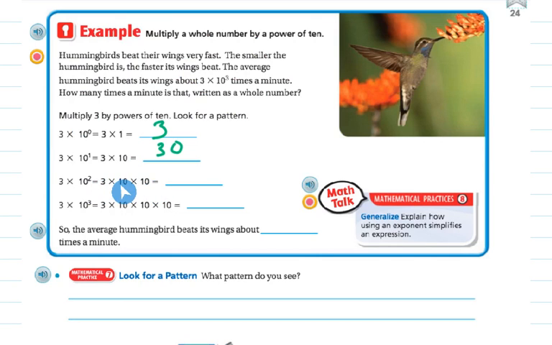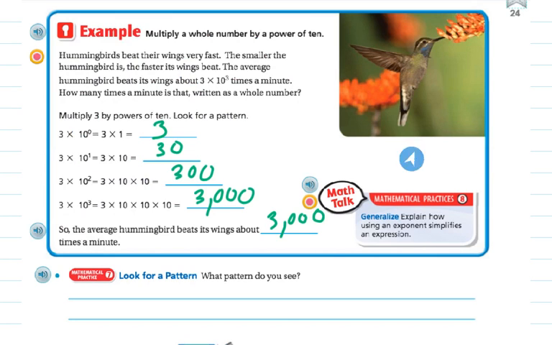So 3 times 10 times 10 would give us 300. And lastly, 3 times the third power of 10. We know that when we evaluate the third power of 10, it's really 10 times 10 times 10, which would give us 1,000. And 1,000 times 3 would be 3,000. So the average hummingbird beats its wings about 3,000 times a minute.